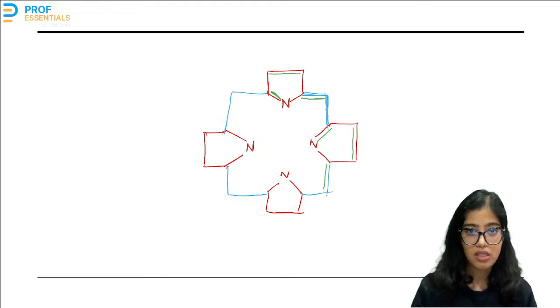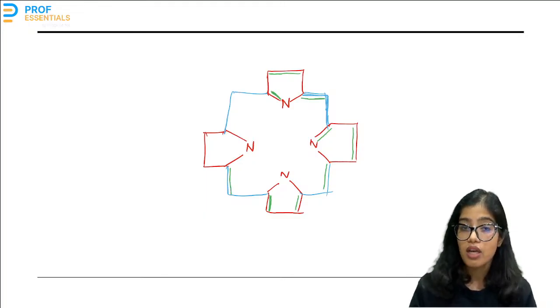Now this methine double bond is already over. So now this carbon is going to have a double bond like this. Okay. Now this carbon cannot have a double bond here, so it is going to have a double bond like this. This already has a double bond. The methine carbon will have a double bond here. Now this carbon already has a double bond, so it is going to have a double bond here.